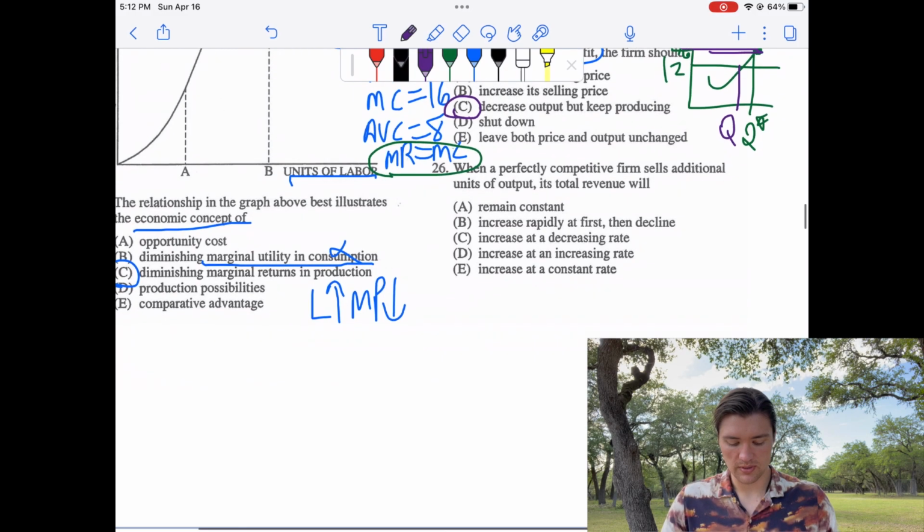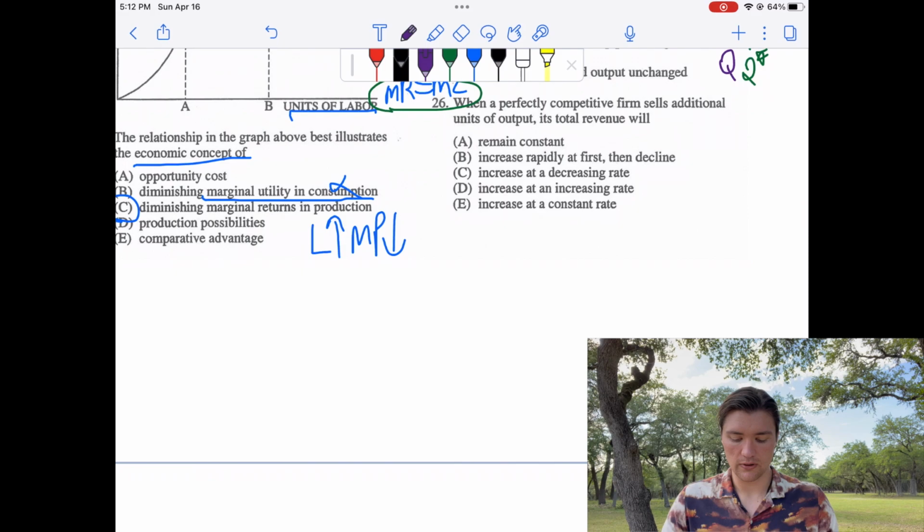So, number 26. When a perfectly competitive firm sells additional units of output, its total revenue will remain constant, increase at a decreasing rate. So basically, how is my total revenue changing in perfect competition? They're asking, what is my change in total revenue? Well, that's my marginal revenue.